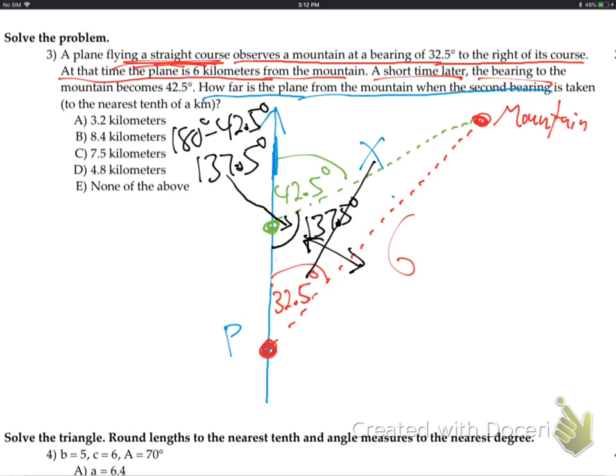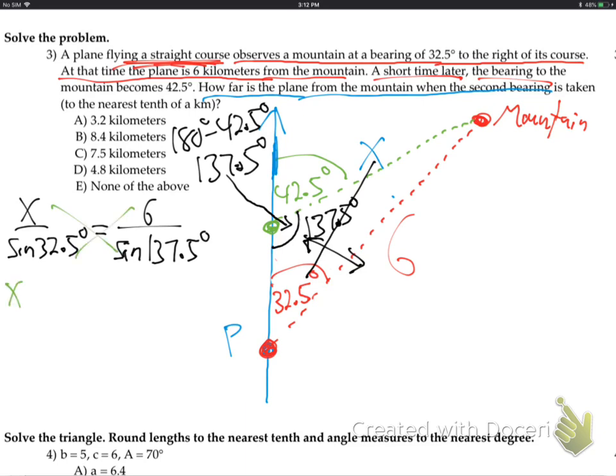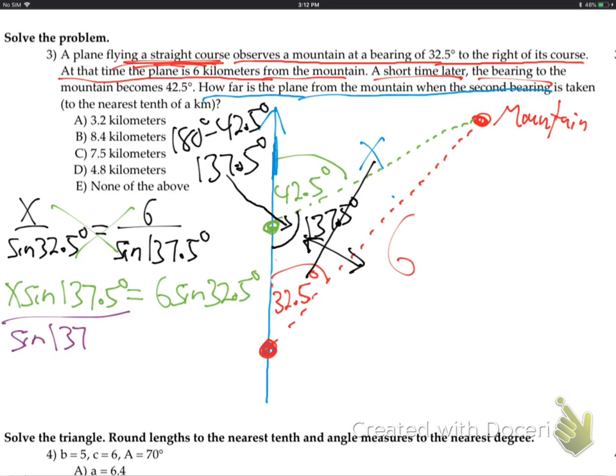So that'll be x over sine of 32.5 degrees is 6 over sine of 137.5 degrees. There it is. Cross-multiplying, x sine 137.5 degrees is 6 sine 32.5 degrees. Last step to solve for x is divide by the sine of 137.5 degrees.